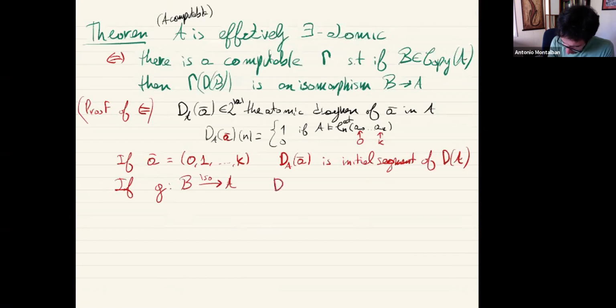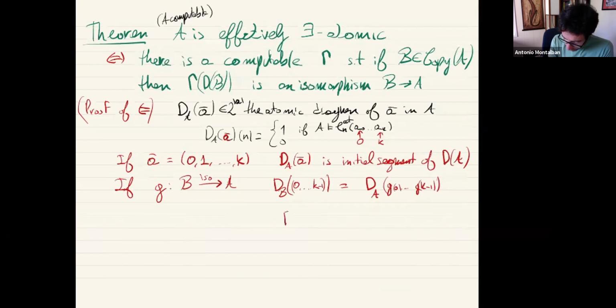That means that the diagram in B of the tuple 0 up to K, let's say K minus 1, the diagram of this tuple is the same as the diagram in A of the tuple G0, up to G of K minus 1. It's because G is an isomorphism, so it just maps everything the same. Right?